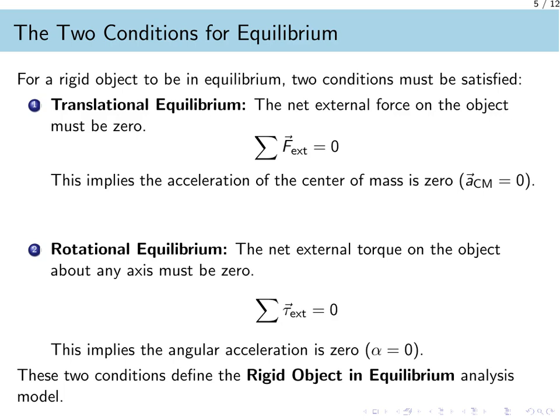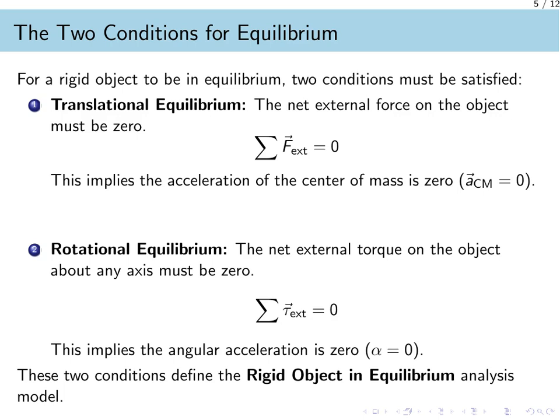The second condition is for rotational equilibrium. This requires that the vector sum of all external torques acting on the object, calculated about any axis, must also be zero. This ensures that the object's angular acceleration is zero, so it rotates with a constant angular velocity.